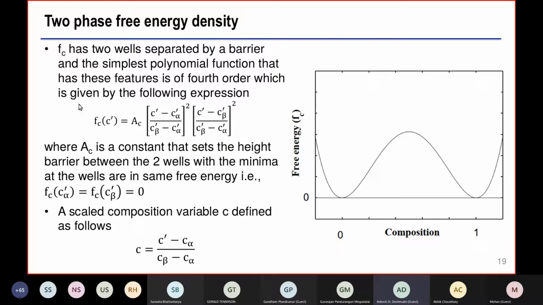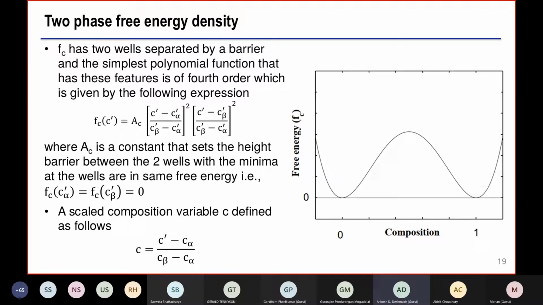Correspondingly, once we take the free energy expression, it is going to be in the form of A C square and (1 minus C) whole square, which looks like this for the scaled free energy function. So it is essentially the scaling of the variables so that you can represent the system similarly.